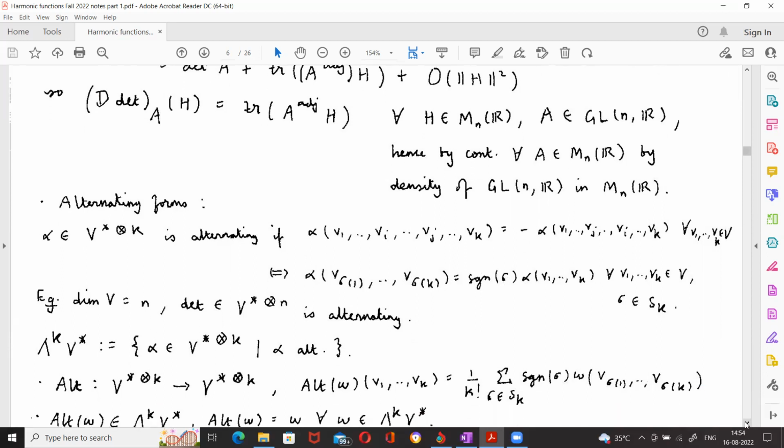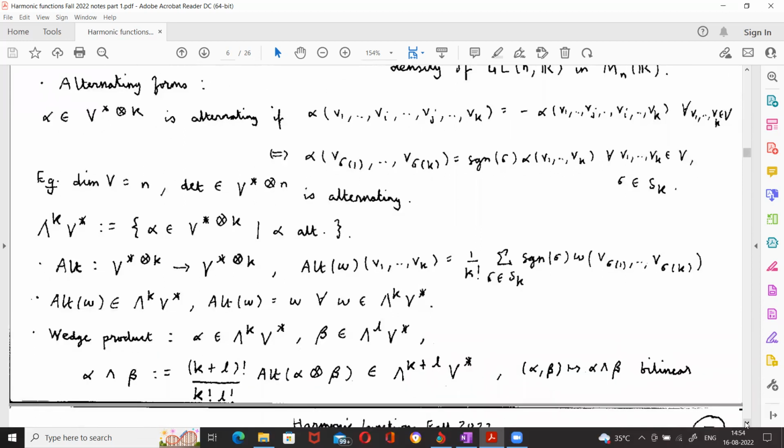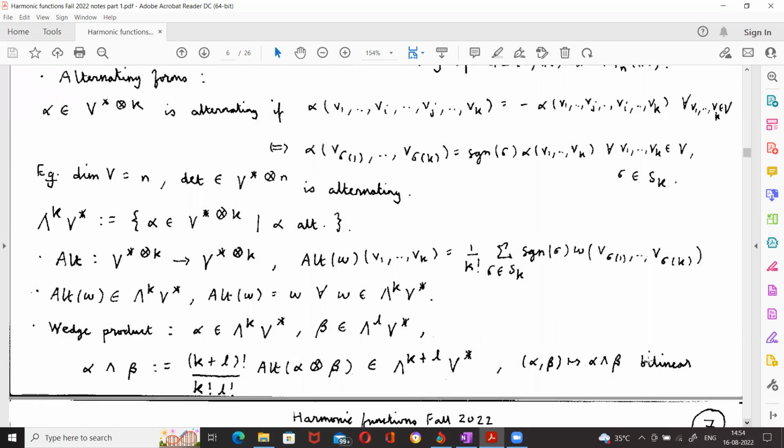So the basic example of an alternating form is the determinant. So suppose the dimension of V is n, then the determinant is an n multilinear function on V. This is an alternating tensor. All right.